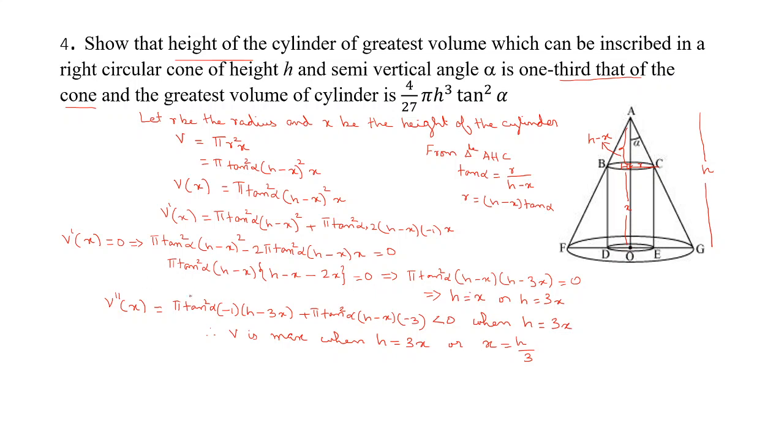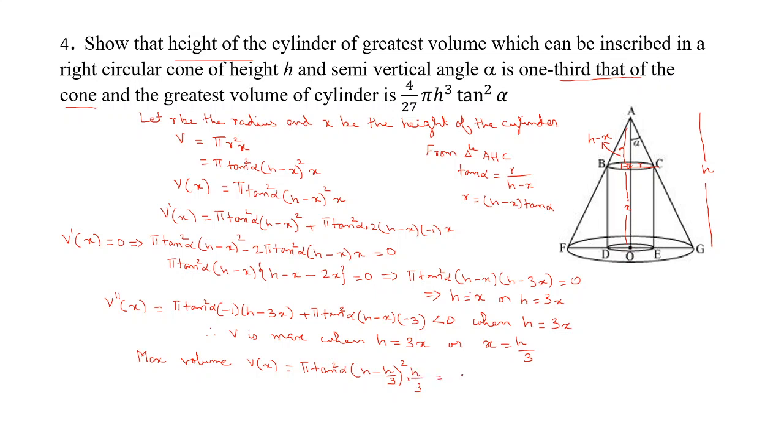Now we'll find the maximum volume. V of x is equal to pi tan square alpha into (h minus x) whole square into x, where x is h by 3.